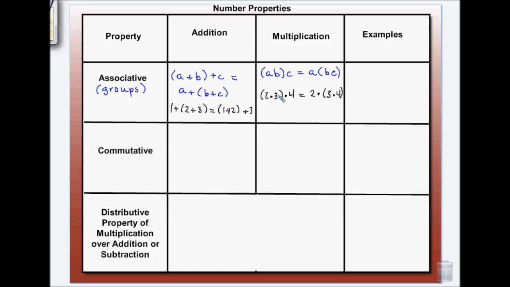This is 6 times 4, that's 24. This is 2 times 12, it's also 24. So you can change the groups.